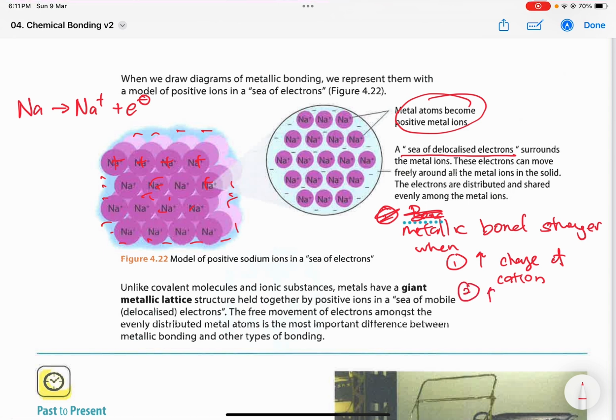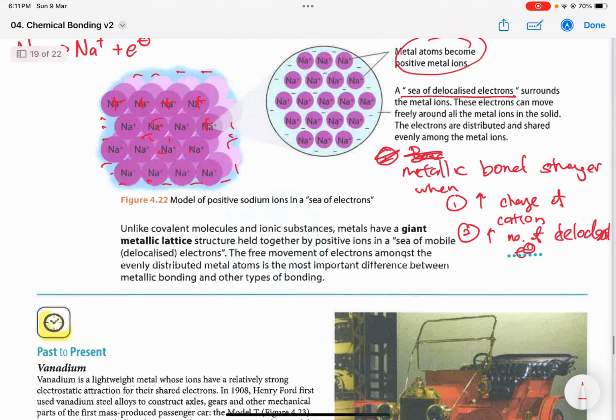Two, you increase the number of delocalized electrons. The more negative charge there is, the greater that whole attraction between the positive and negative will be. So if you increase the positive charge and you increase the negative charge, the more you increase them, the stronger the metallic bond will get. Okay, so that's actually how the whole thing generally works.